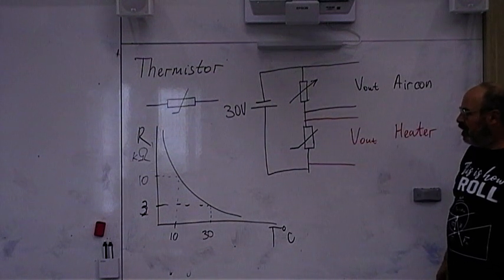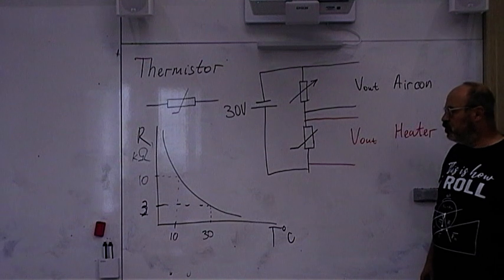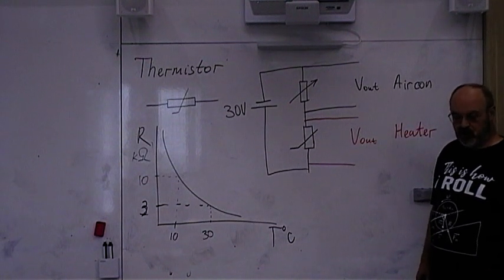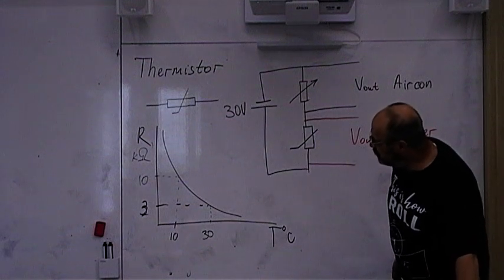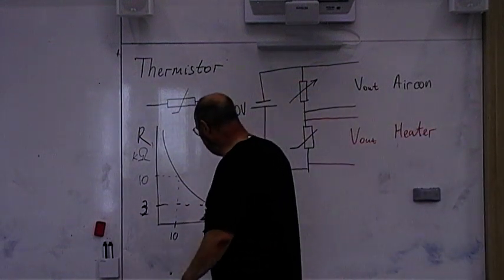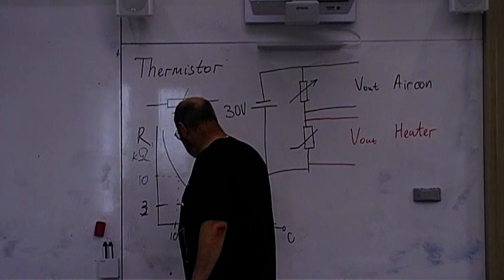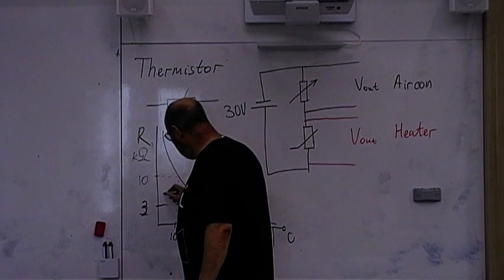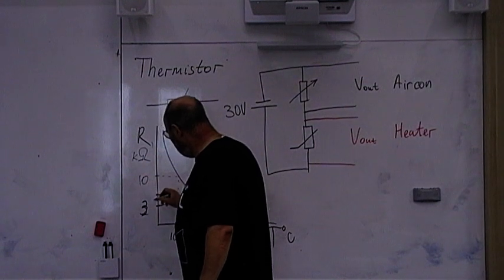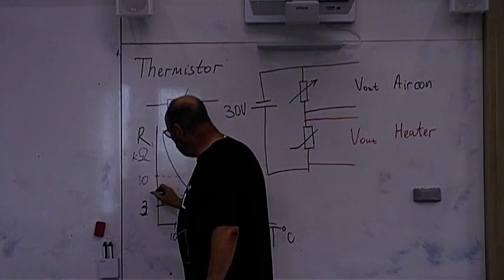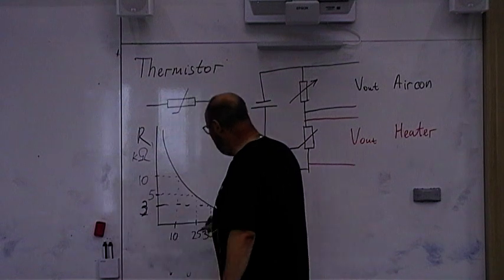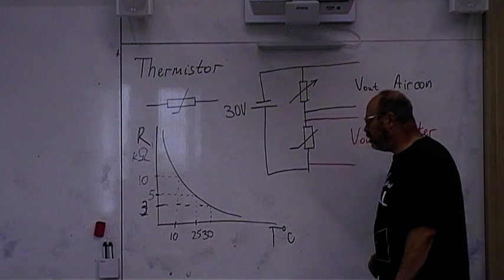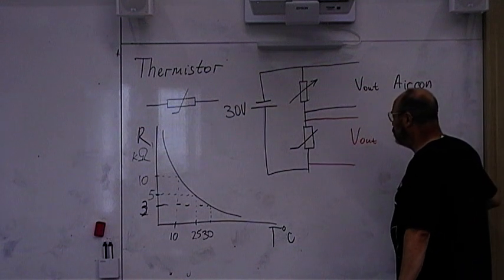Let's say 30 degrees is too hot, and we want to turn on the air conditioner at 25. Let's say the resistance of the thermistor at 25 degrees is 5 kilo-ohms. We want to turn on the air conditioner at 25 degrees.